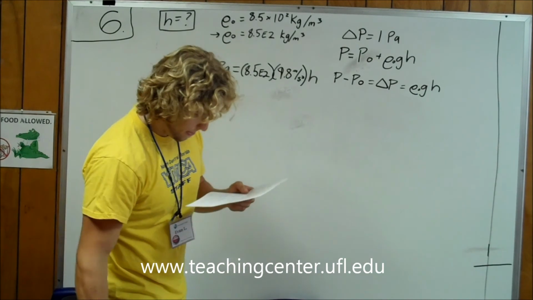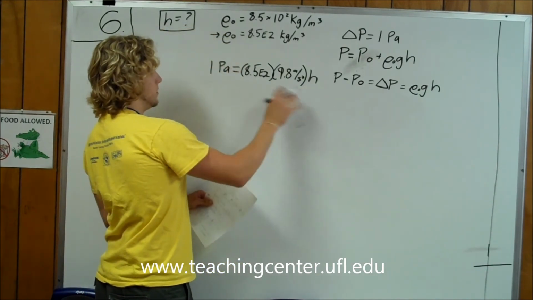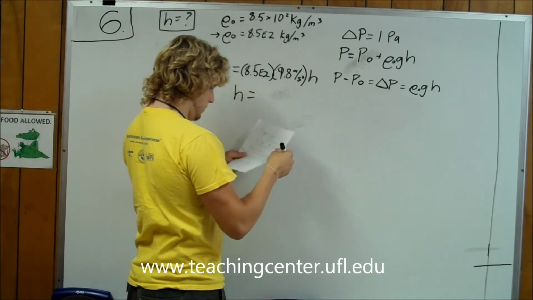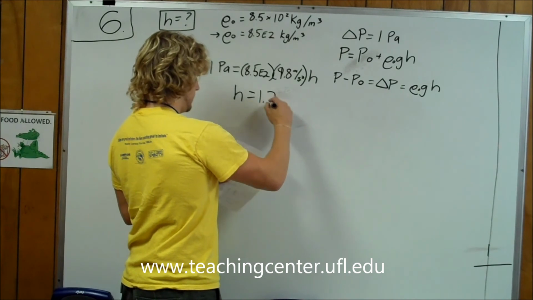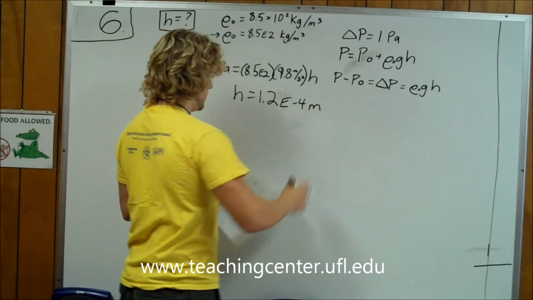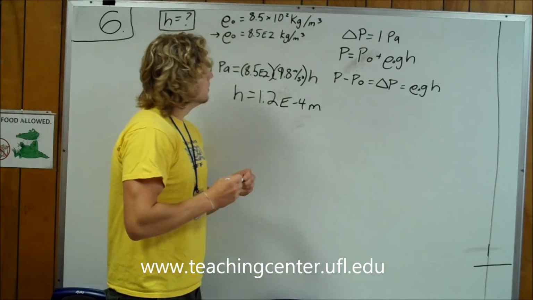And so to find H, all we've got to do is divide 1 by both of these. H is equal to 1.2 e to the negative 4th meters. Very small distance, but measurable. Alright?